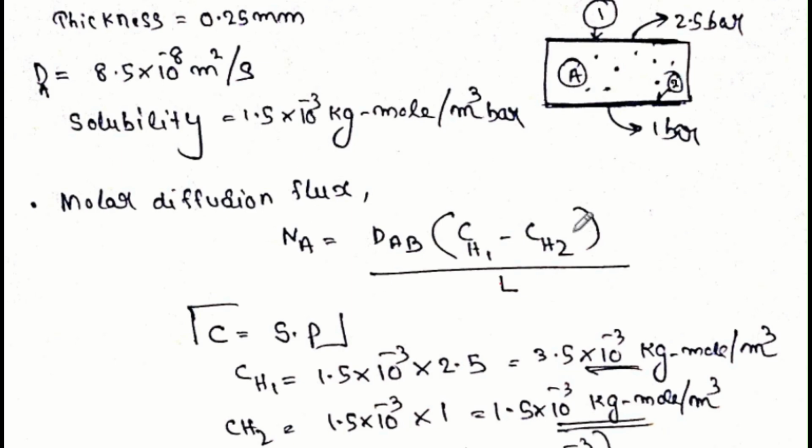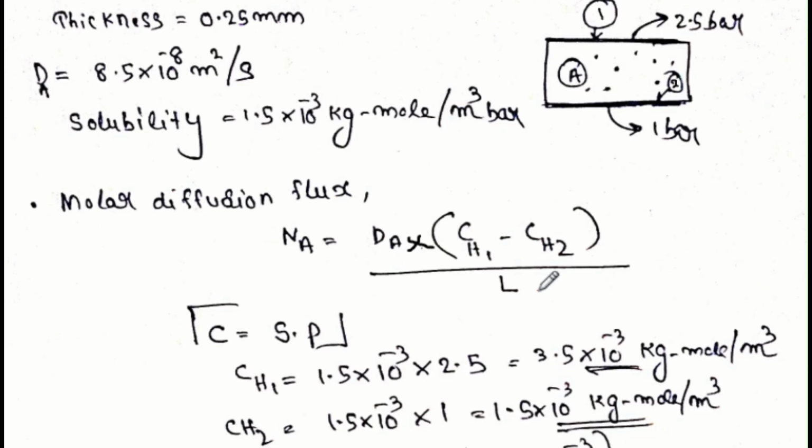So this is the equation for molar diffusion flux. I'm calling the molar diffusion flux N_A, which is D_AB into (C_H1 minus C_H2) by L. D_AB is the diffusion coefficient, here of hydrogen gas. For better clarification, the general equation was D_AB, but here I am writing it as D_A. So C_H1 and C_H2 are the concentration of hydrogen at the two sides of the membrane.